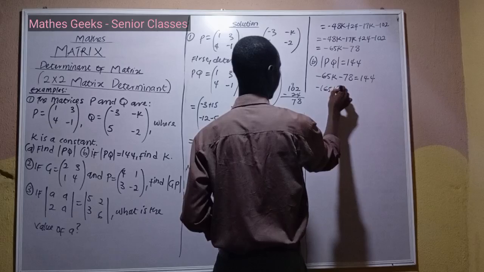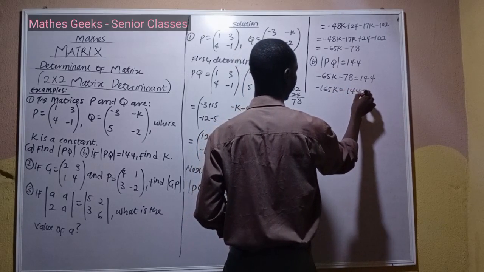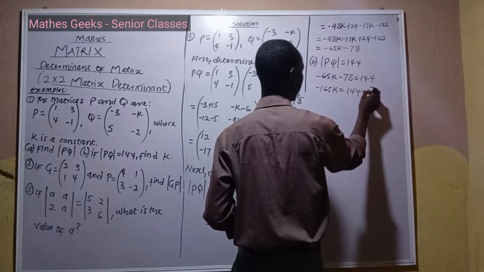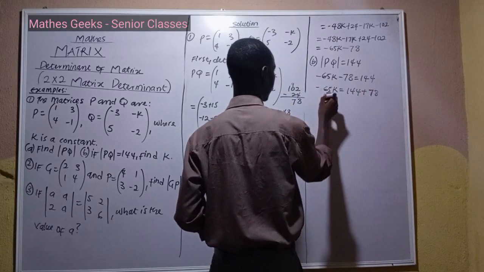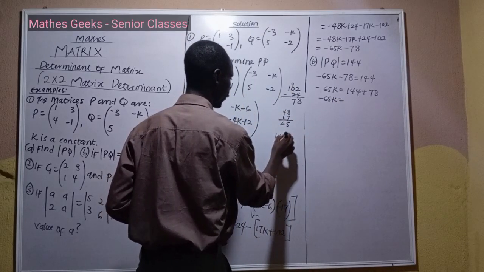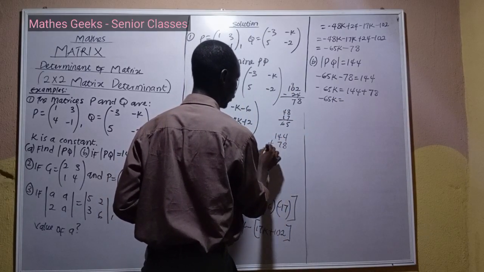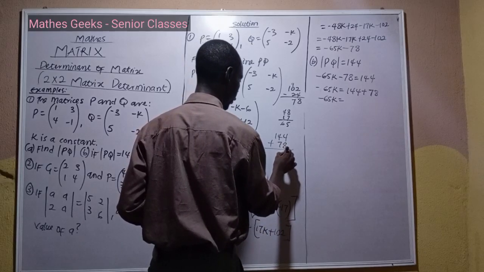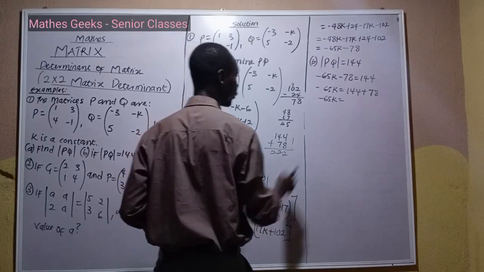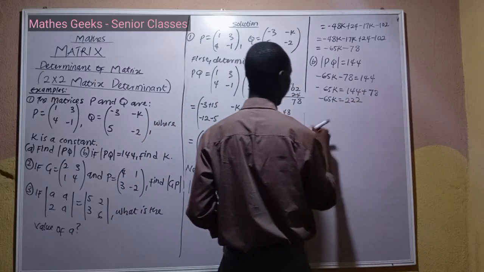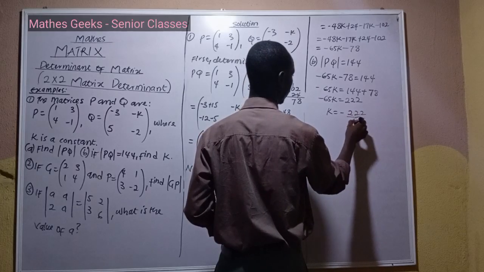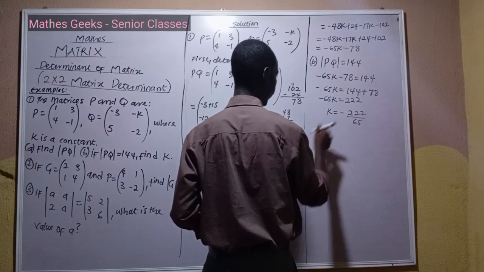Minus 65k equals 144 plus 78. 144 plus 78 is 222. Therefore k is equal to minus 222 over 65. That's the value of k.